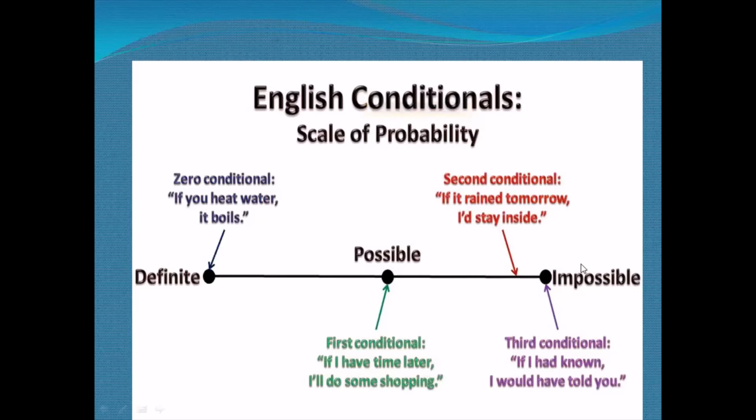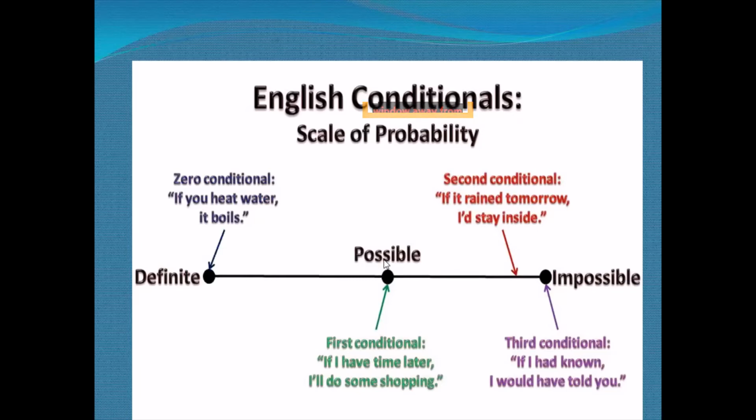The last and the third conditional is called impossible as well because it is about the past that has already happened. We imagine a different past for ourselves, for our own satisfaction, or for the purpose of guidance. As we cannot go and change the past, it is completely imaginary.